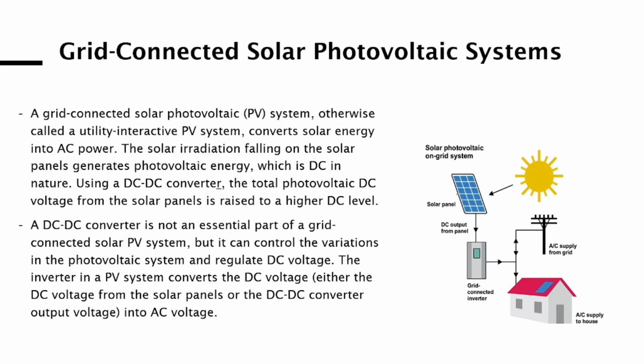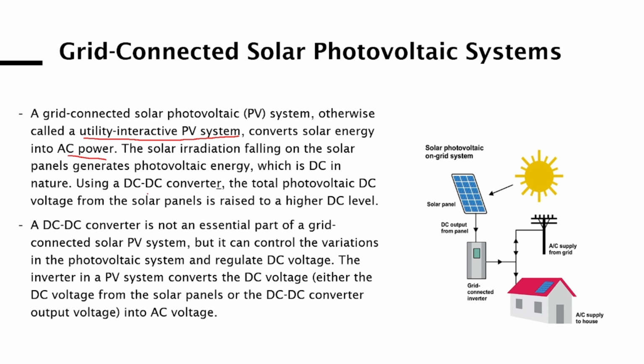So the first one is the grid connected solar photovoltaic system. A grid connected solar photovoltaic system, otherwise called a utility interactive PV system, converts solar energy into AC power. So in the end, whatever you are getting is in the form of AC power. The solar irradiation falling on the solar panels generates photovoltaic energy, which is DC in nature. Once we get DC, we use a DC to DC converter. The total photovoltaic DC voltage from the solar panel is raised to a higher DC level.